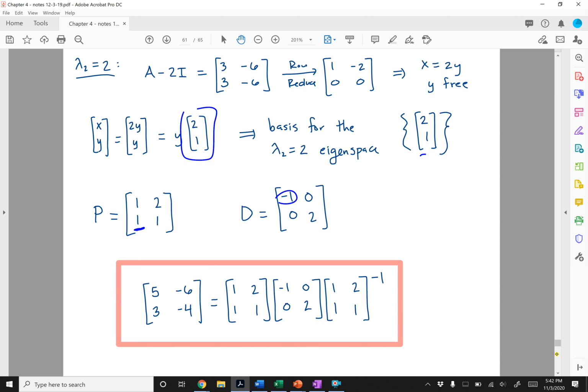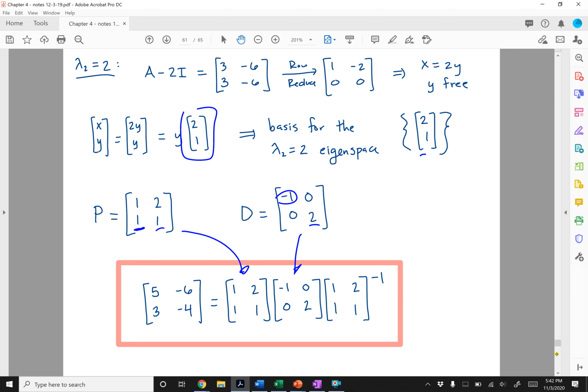So if I put the 1, 1 vector first, I need to put the eigenvalue it's associated with first in the diagonal matrix. And then our second one was 2, 1, and it corresponded with 2, so I put it second. So order matters. That gives me these two matrices, and we're most of the way there.